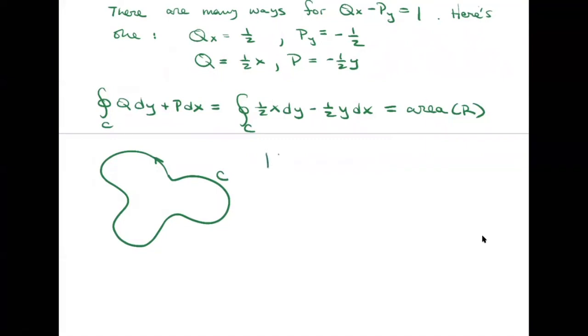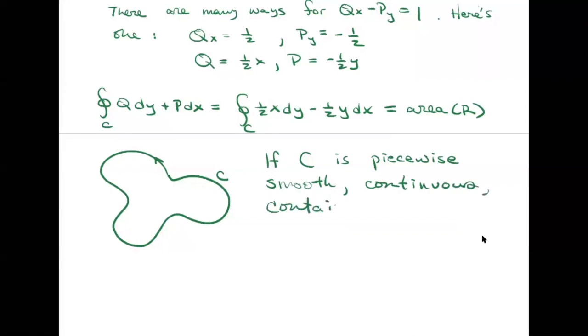So we would have to say if C is piecewise smooth, containing R, I should say continuous, and containing R, then the area of R, here's an integral that will give the area of the weirdest of regions.